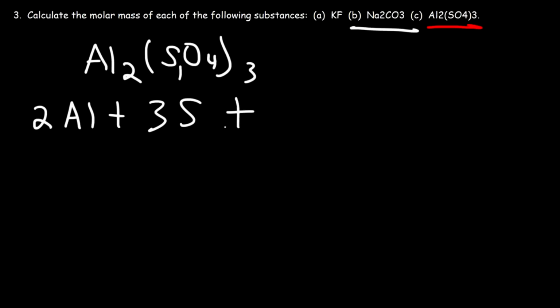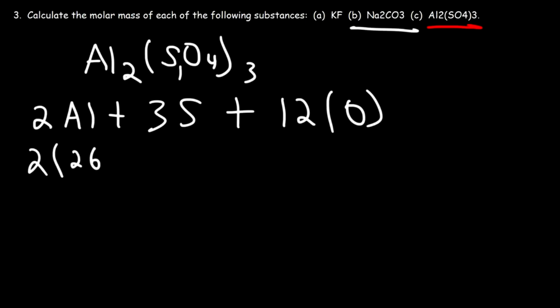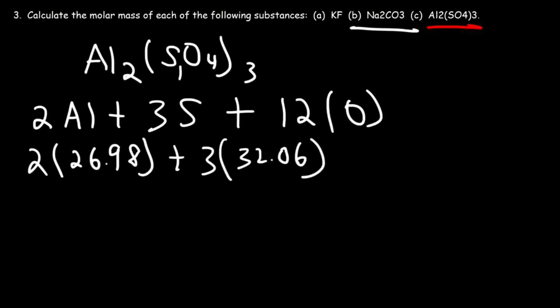Now, how many oxygen atoms do we have in this compound? In this case, it's going to be 4 times 3 because we have 3 sulfate units, and each sulfate carries 4 oxygen atoms. So we have a total of 12 oxygen atoms. Now the atomic mass for aluminum is 26.98, and the atomic mass of sulfur is 32.06.